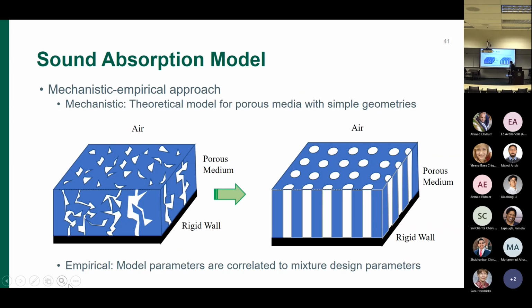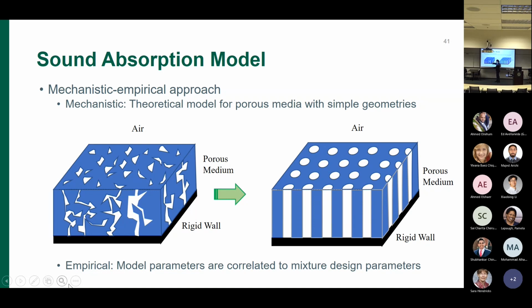So now, we will first develop a model that can predict the sound absorption based on the mix design parameters. Here is a representation of the distribution of air voids in a porous asphalt mix.